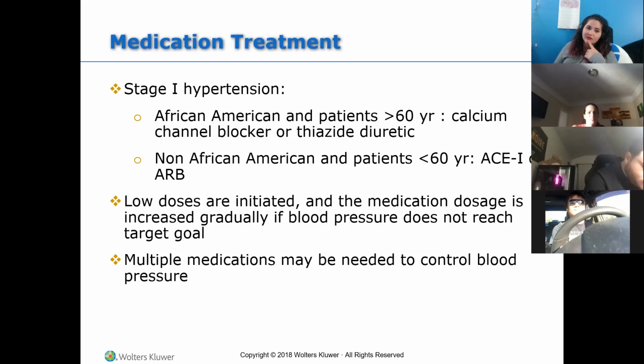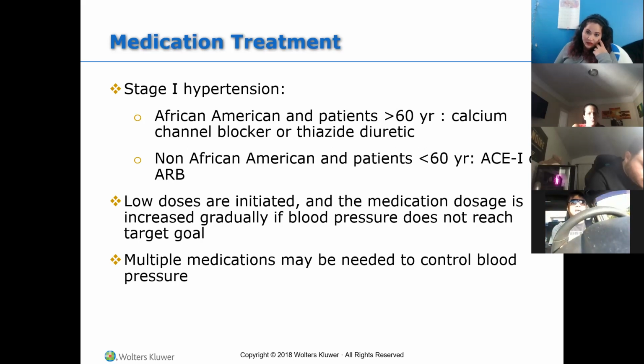For non-African American patients, though, you would do an ACE inhibitor or ARB, because we have discovered that the way that hypertension works in African Americans is not the same as in non-African Americans. So they have to be on different medications because they work better.